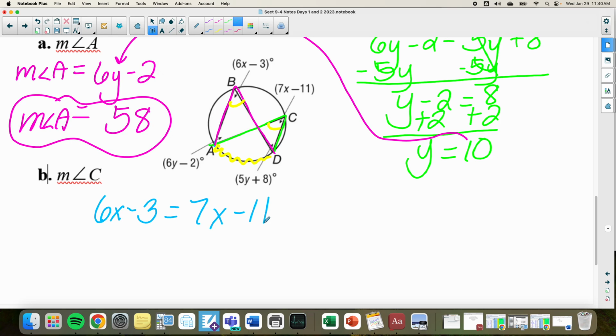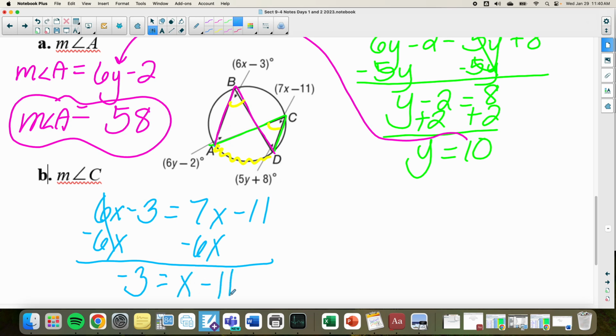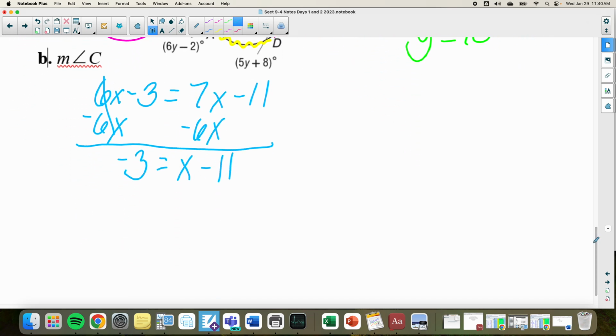And then I would bring my 6x over, and I'd get negative 3 equals x minus 11. Then I would add 11, and x would equal 8, okay?